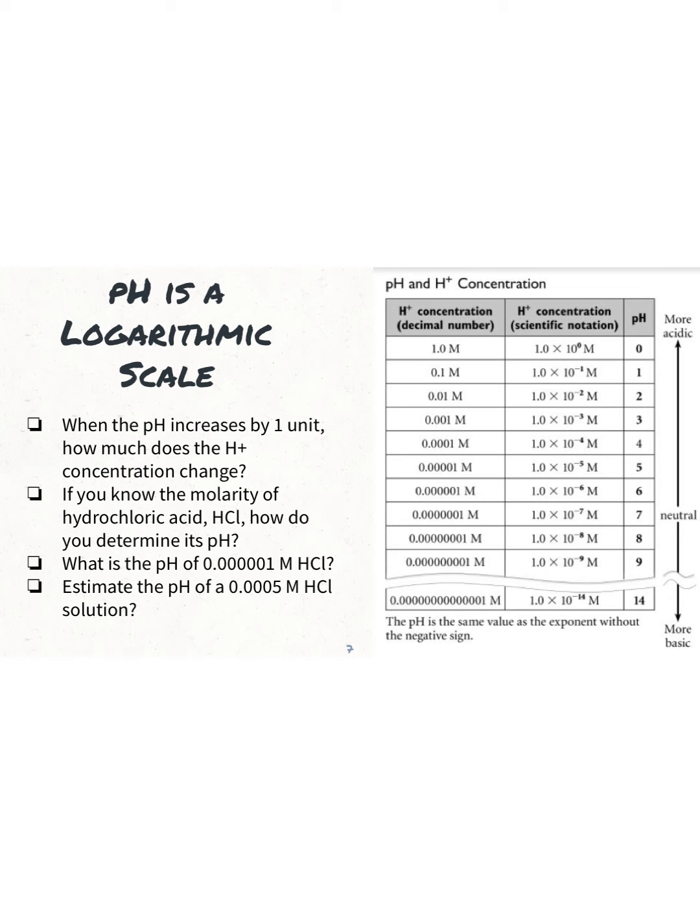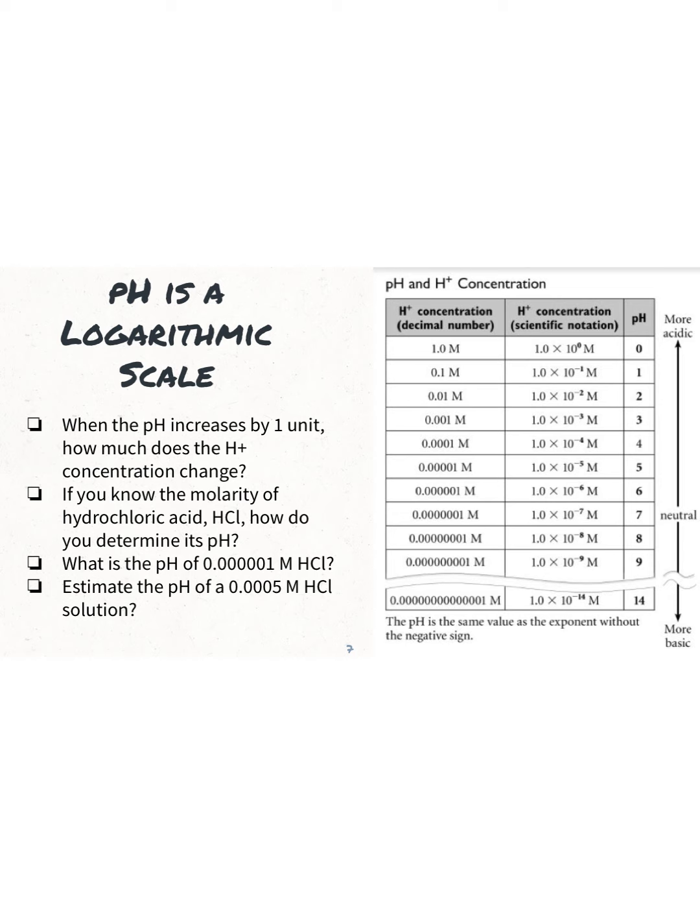I want you to take a look at this table, which is pH and H+ concentration. I'd like for you to answer some of these questions, and then we'll come back and go over them. The first question is, when the pH increases by 1 unit, how much does the H+ concentration change? The second question is, if you know the molarity of hydrochloric acid, how do you determine its pH?